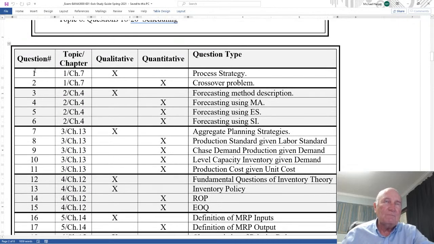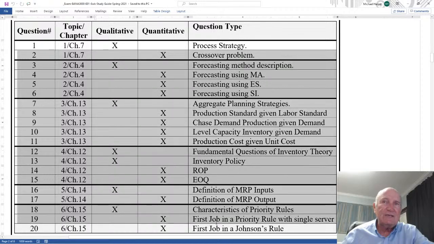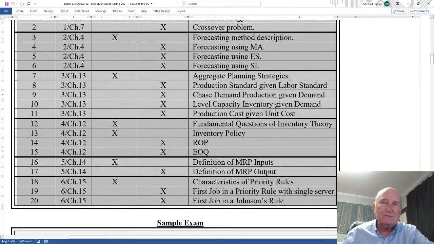So for topic 1, chapter 7 here, the 2 questions are process strategy and crossover problem. And so this gives an overview. Now I'm going to go through each one of these, all 20 questions, and show you exactly how to study for those questions.